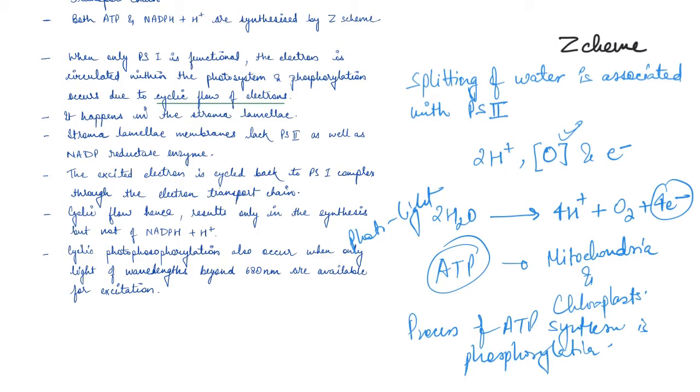Here the electron is just being circulated, so this is a cyclic flow of electrons, and this is known as cyclic photophosphorylation. The Z scheme that we studied was non-cyclic photophosphorylation.